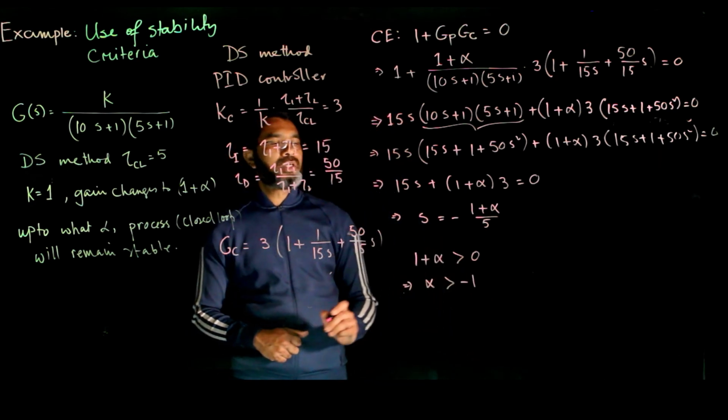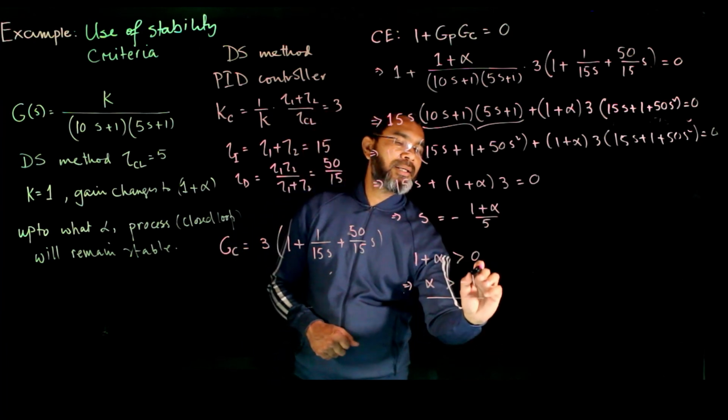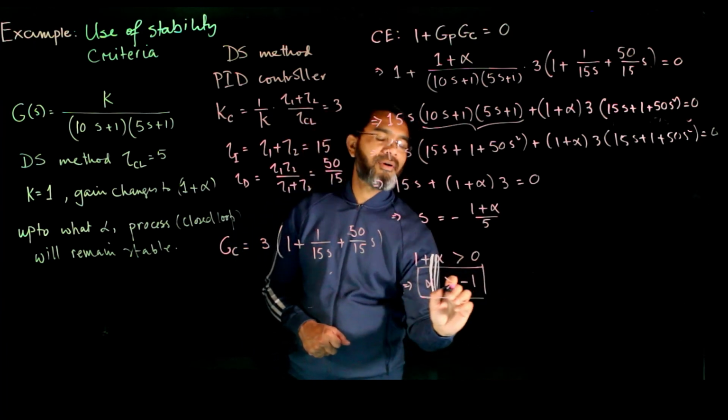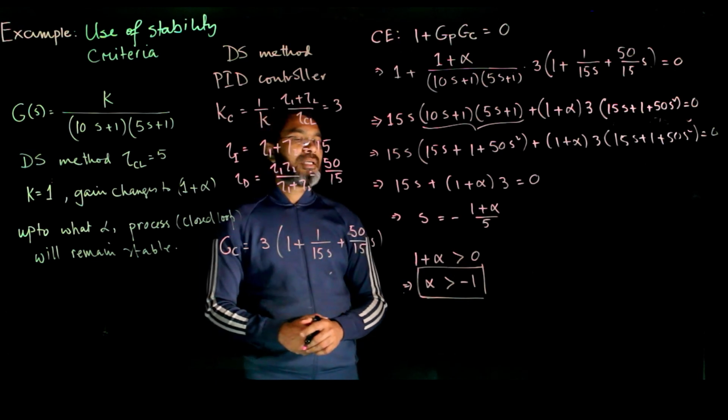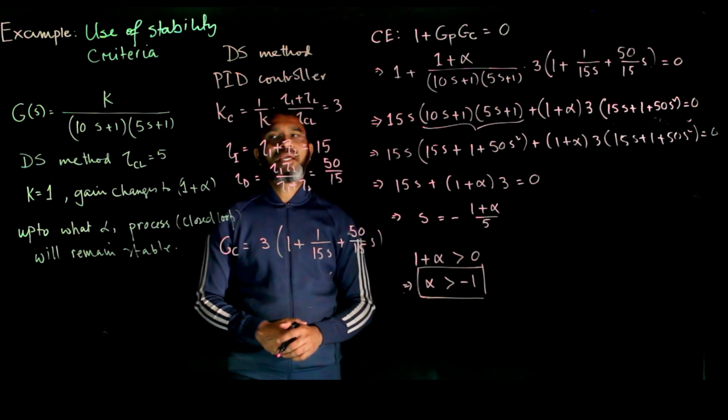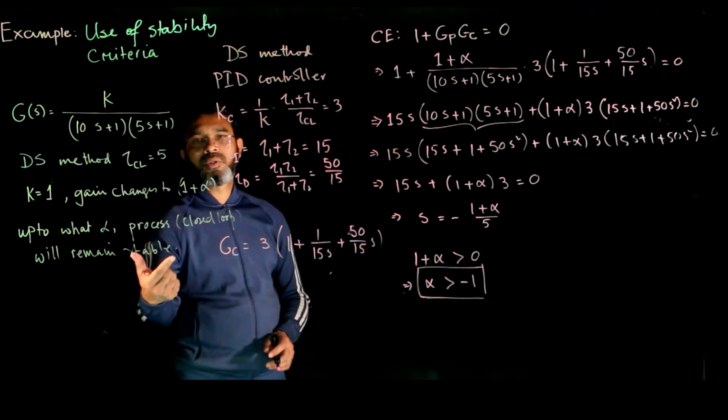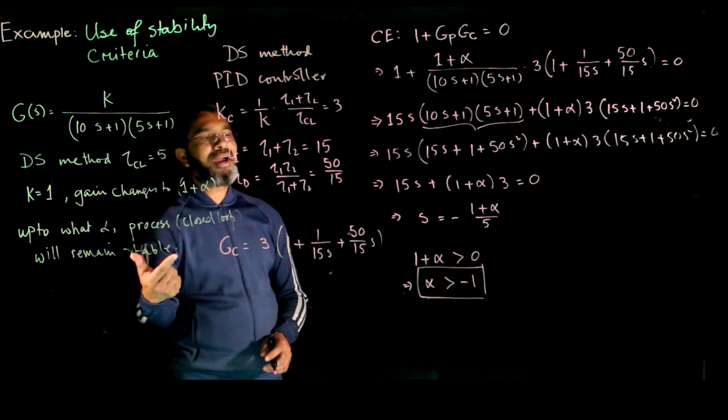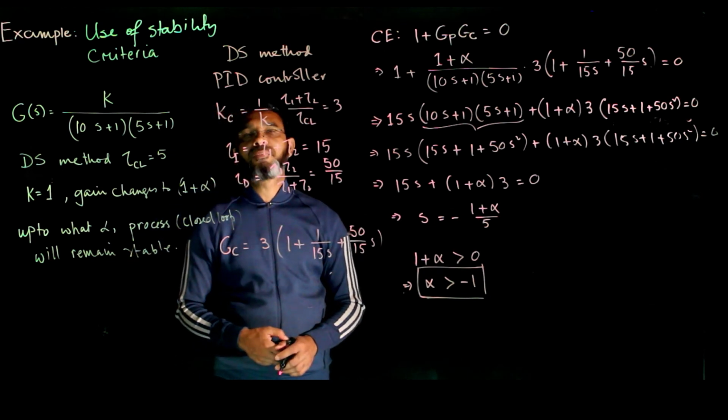So this is the range of alpha for which the process will remain stable. That's what we are asked to find in the first place.